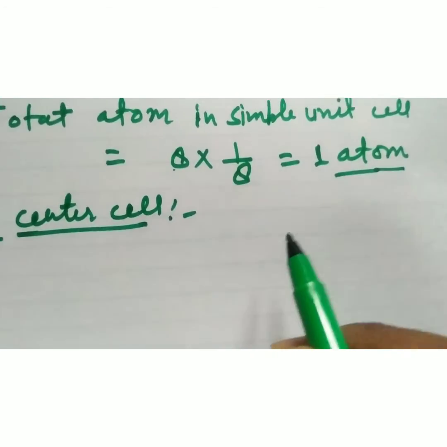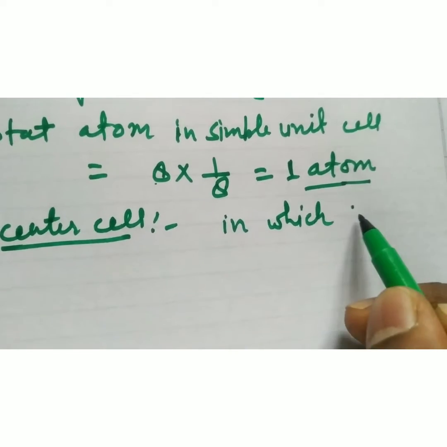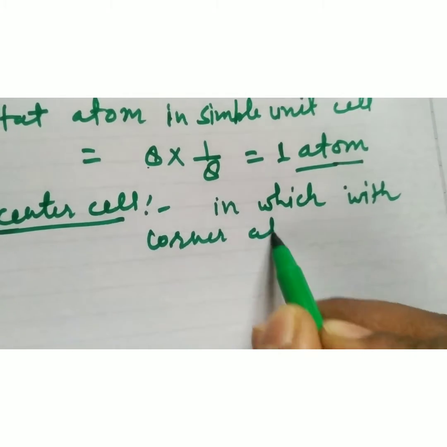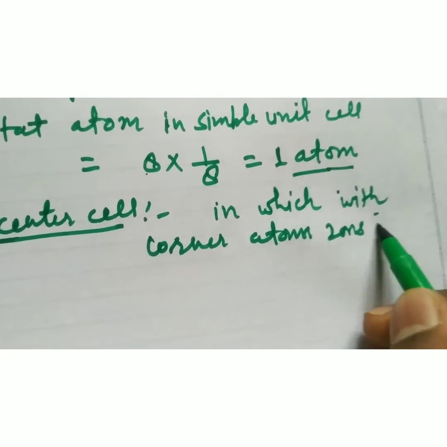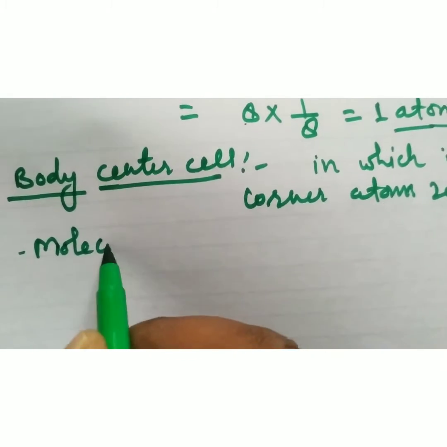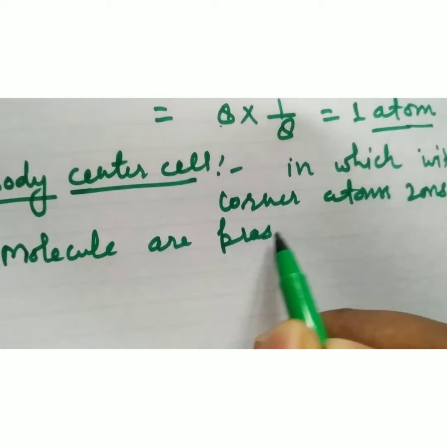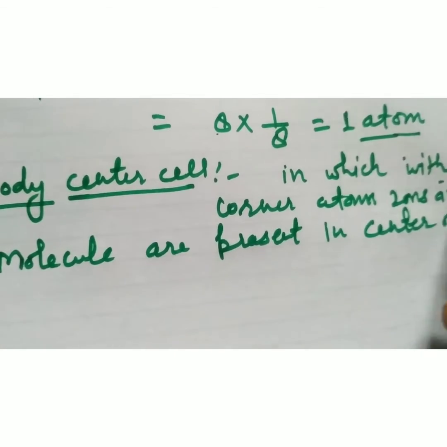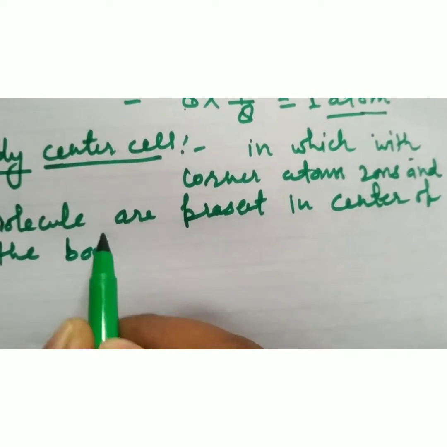So in BCC, along with the corner atoms, an atom, ion or molecule is present in the center of the body. The center of the body.